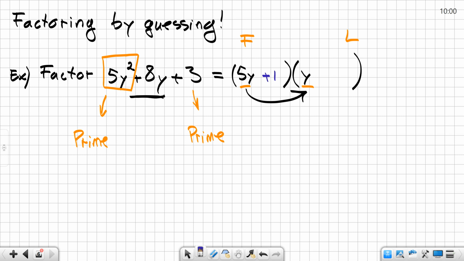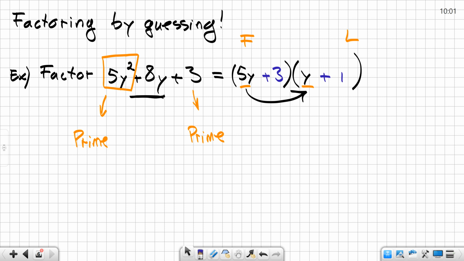If I put the +1 here and the +3 there, or if I would do it this way, the 3 with the first one and the 1 with the last one. In both cases, the product of the last will give you +3. But the middle term would be different. So in other words, I have a 50-50 chance to get this problem right the first time.